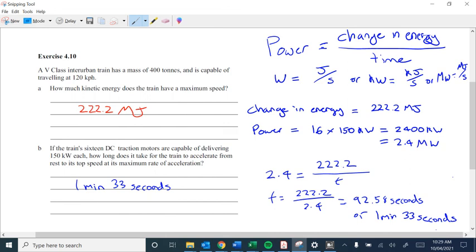So as the wind resistance increases, the net power causing the acceleration will actually be decreasing. But this will do for us.